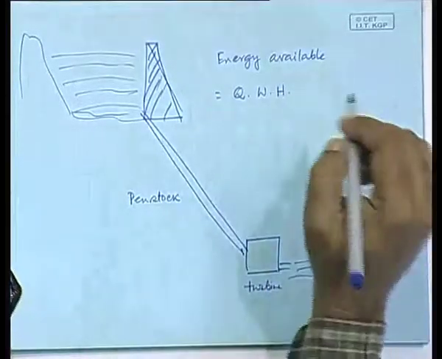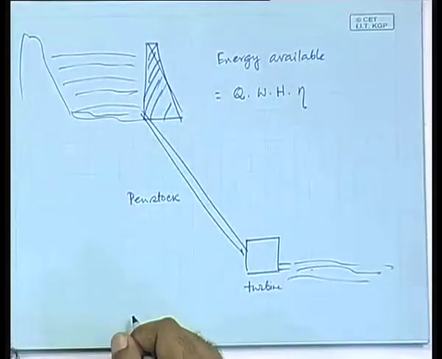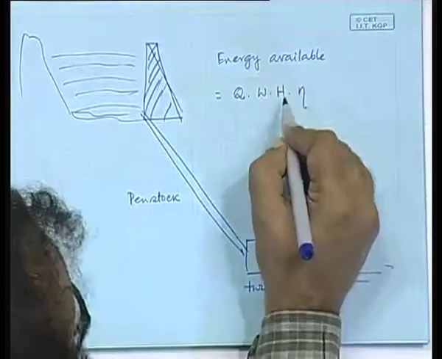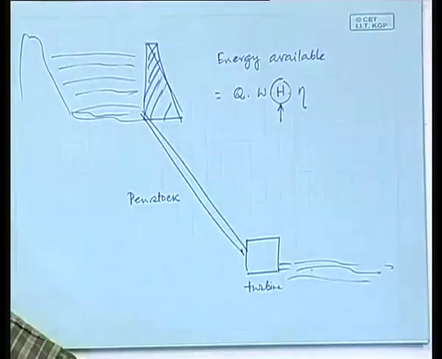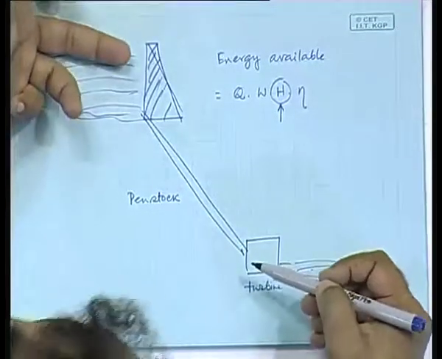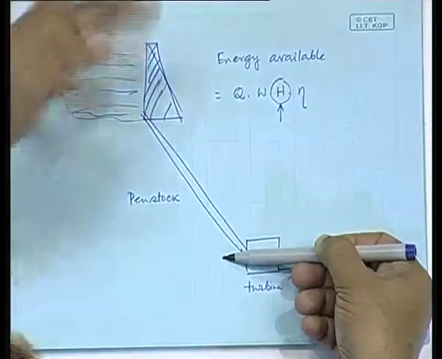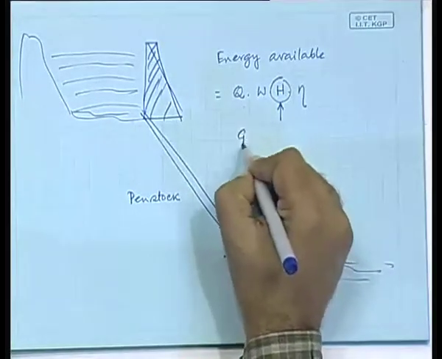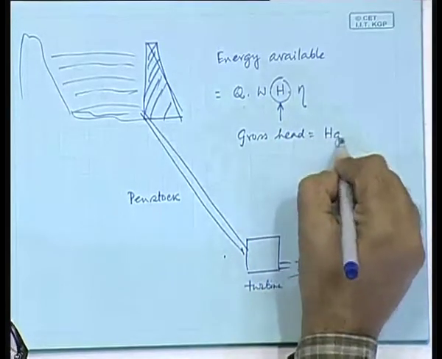We had then missed out a particular issue, that is the efficiency of the system. So, the efficiency has to be multiplied, that is actually the energy available, but there is a point here. Now, the difference in head from here to here is the available head. So, let us call it the gross head, Hg.